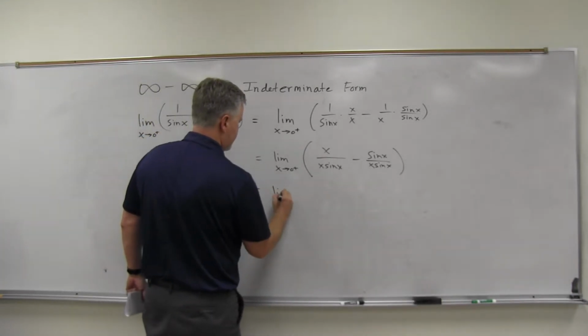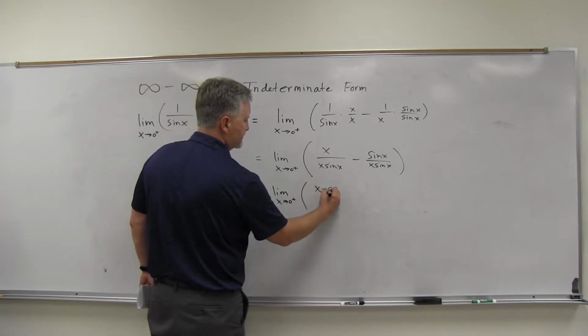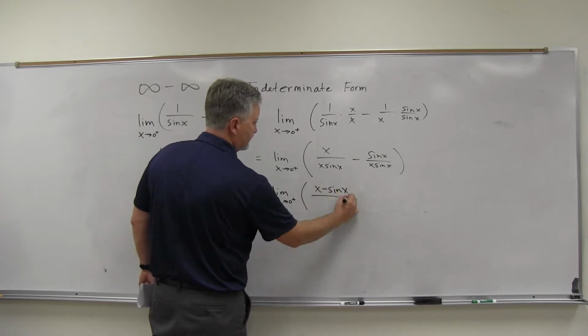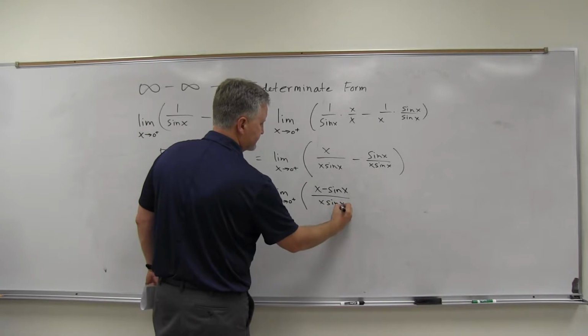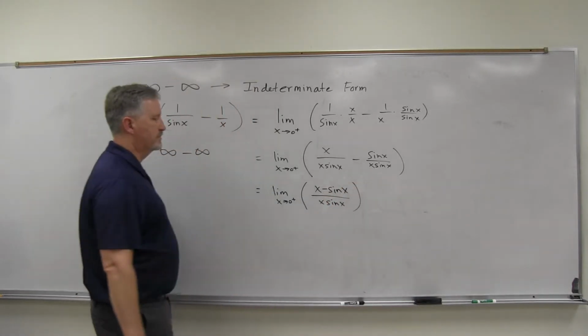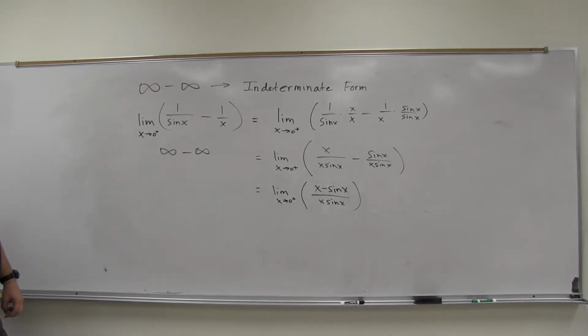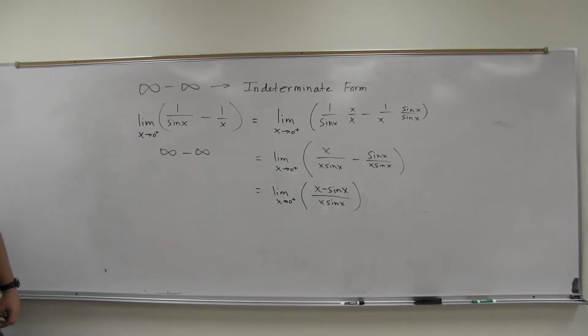So it's just the limit as x approaches 0 from the right of x minus sine of x over x sine of x. Since I've got a common denominator now, those can be combined into one fraction. With me there? So far so good.